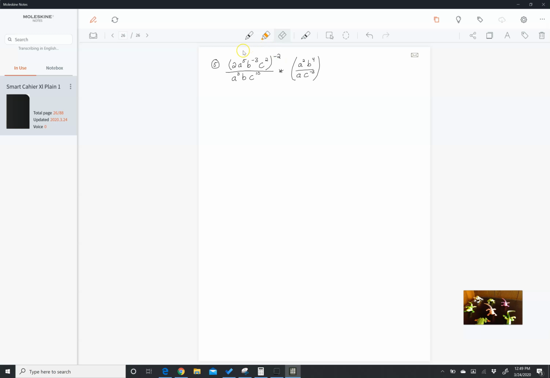This one, we have to distribute the -2. So we have the 2 here, so be careful. So we're going to just keep it as 2 to the -2 right now. I'm actually going to make this a 3. I'll erase that and rewrite it.